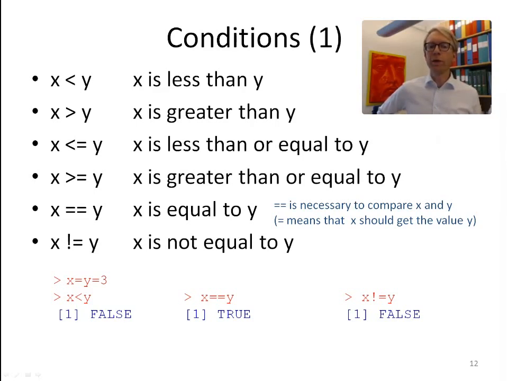X is not less than y, because both are 3. If instead you give x == y, that is, test whether x is equal to y, then you get true, because that condition is met. X is equal to y. And the last one, x is not equal to y, gives a false, because it's not met.